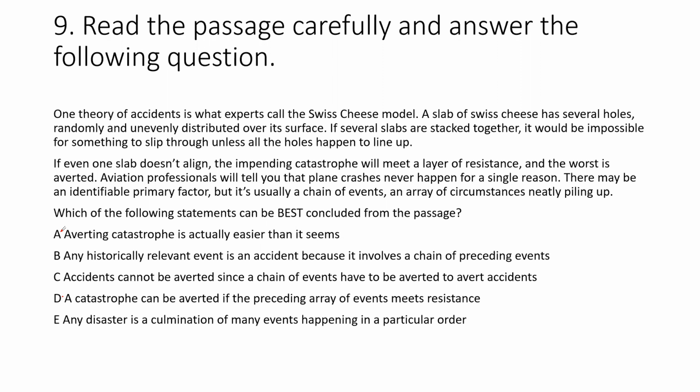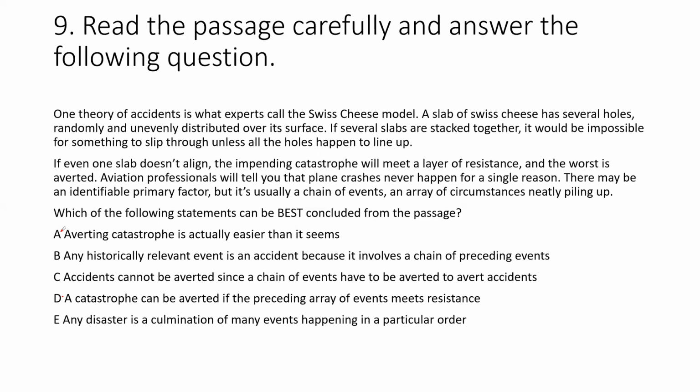Since the question asks us about the best conclusion from the passage, first of all, let's understand the passage. The passage discusses that catastrophes or disasters do happen, but when they happen, it happens because of a chain of events.